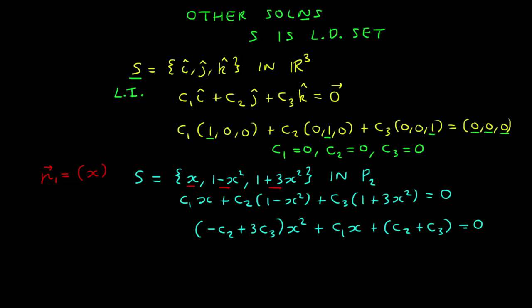Now equating coefficients, we get one equation being minus c2 plus 3c3 is equal to 0, because there's no x squared terms on the right hand side.